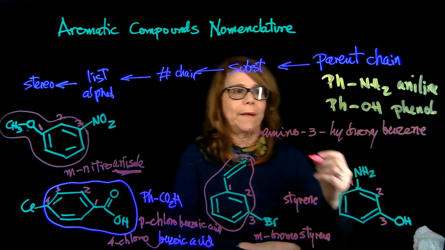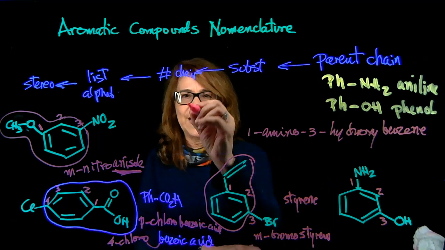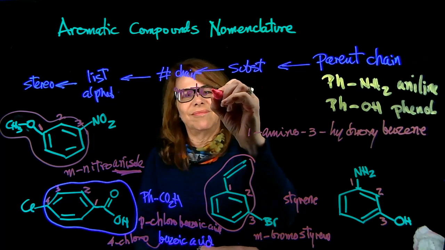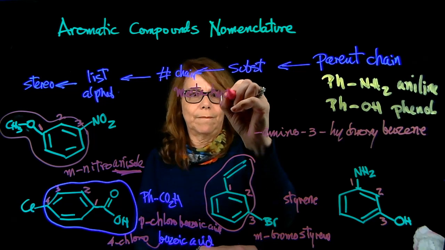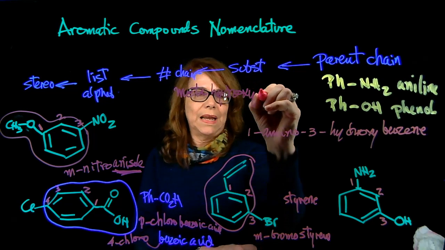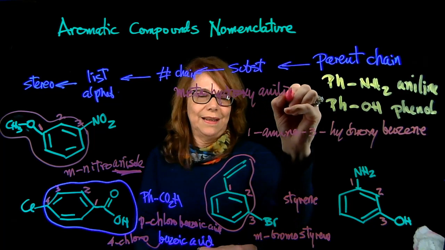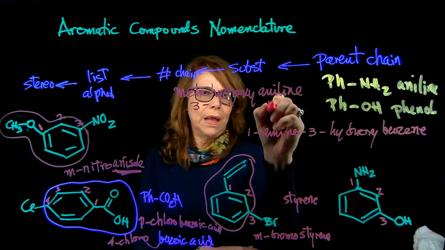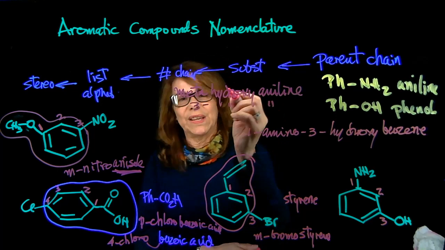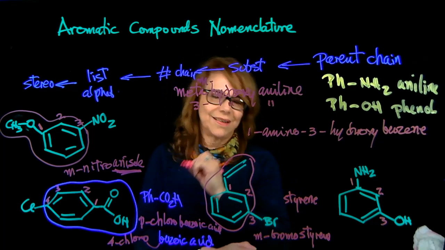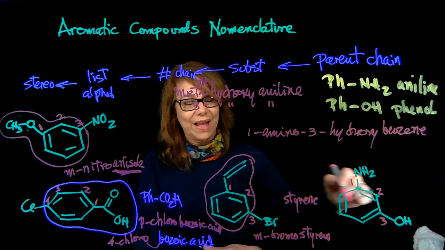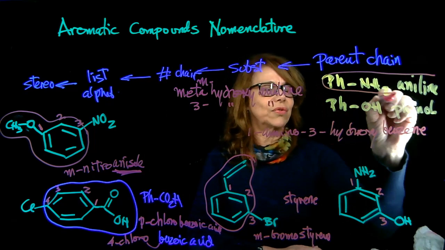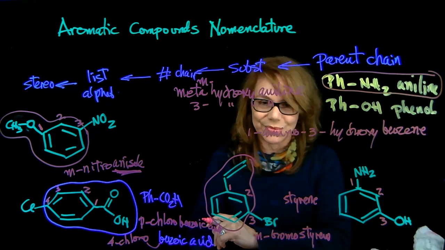So another name for that is meta-hydroxyaniline. I can also say 3-hydroxyaniline, or simply m-hydroxyaniline. So that is choosing aniline, which is the benzene with the NH2, the amino group.